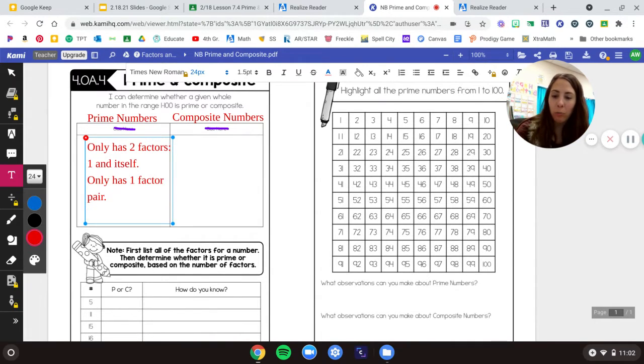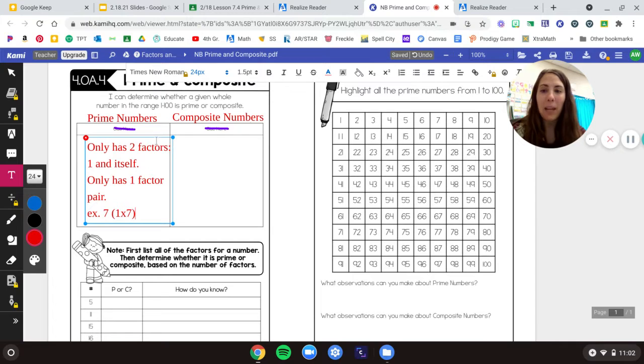Think back to our homework from the other day. Do you remember when we had that 7 and you found that the factors were 1 and 7? Yeah. So that is an example, like 7. We have 1 times 7, and that's it. Those are the only factor pairs that we have.